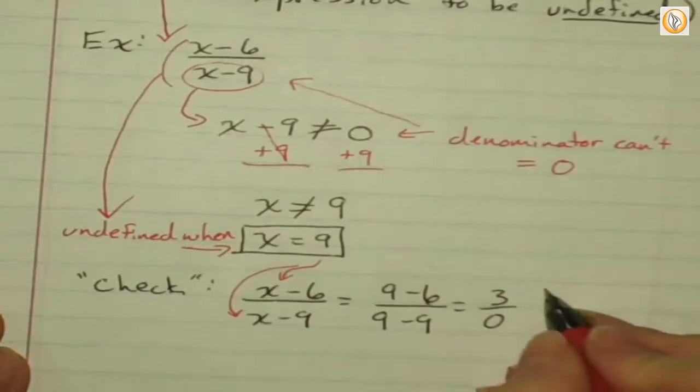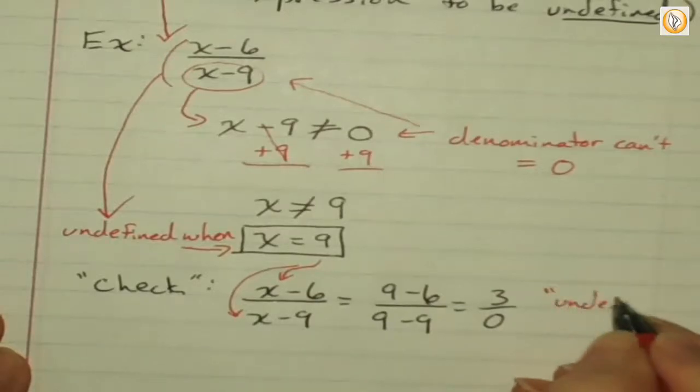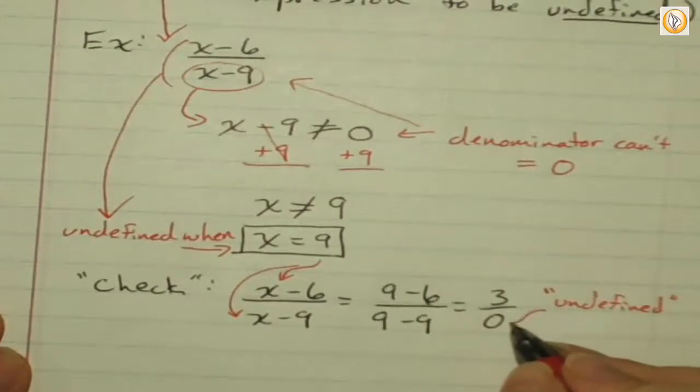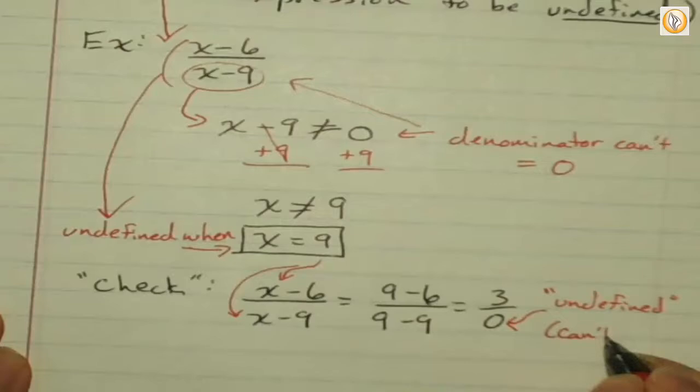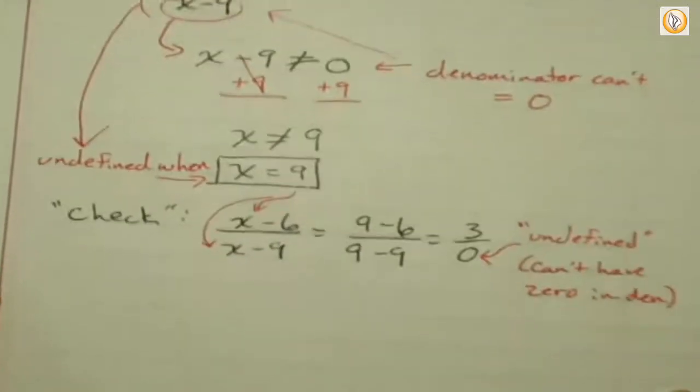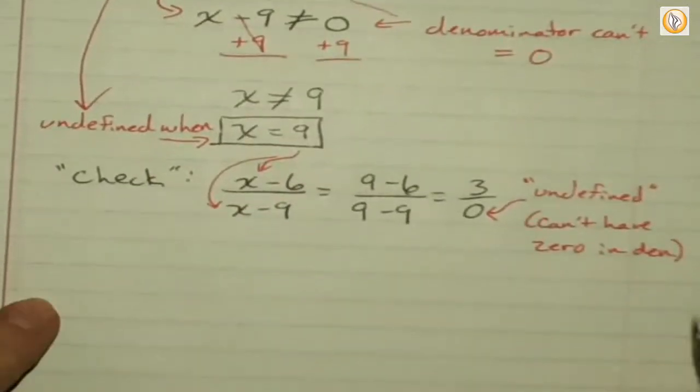It's undefined because of this 0. You can't have 0 in the denominator. So then it checks.